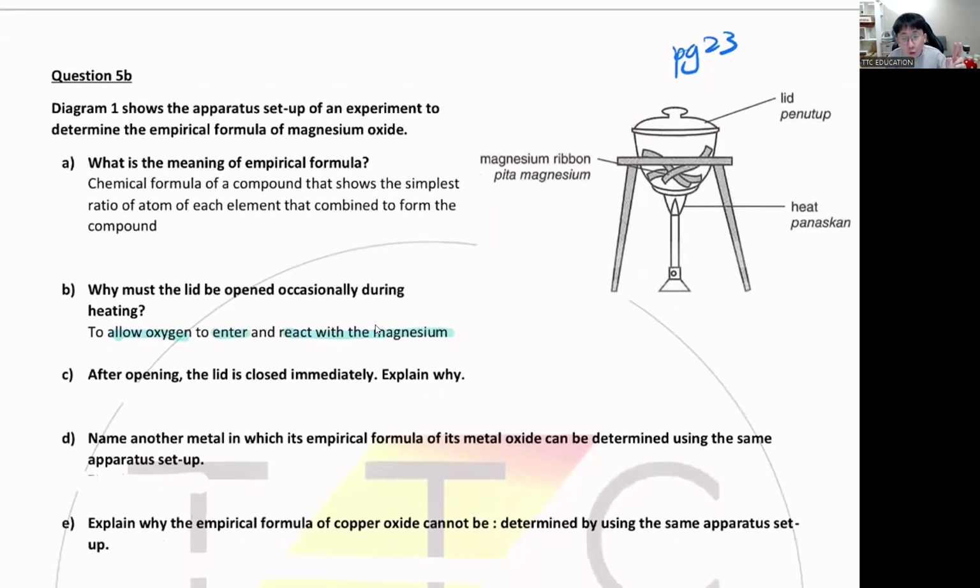But after opening, you close it back immediately because the white film will fly away. But guys, don't say fly away. You have to say that it is to ensure the white film does not escape from the crucible.